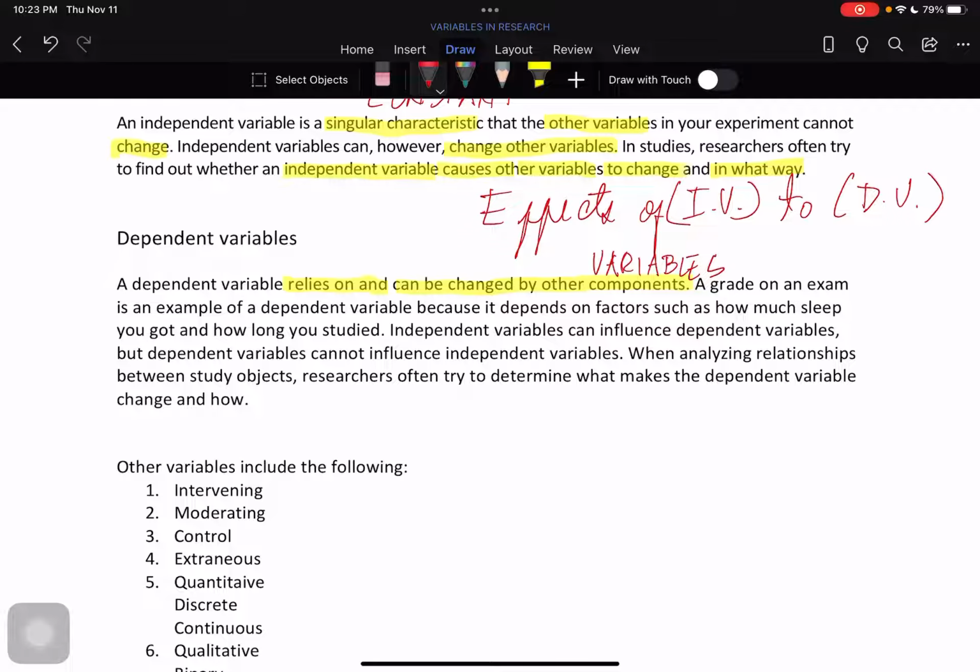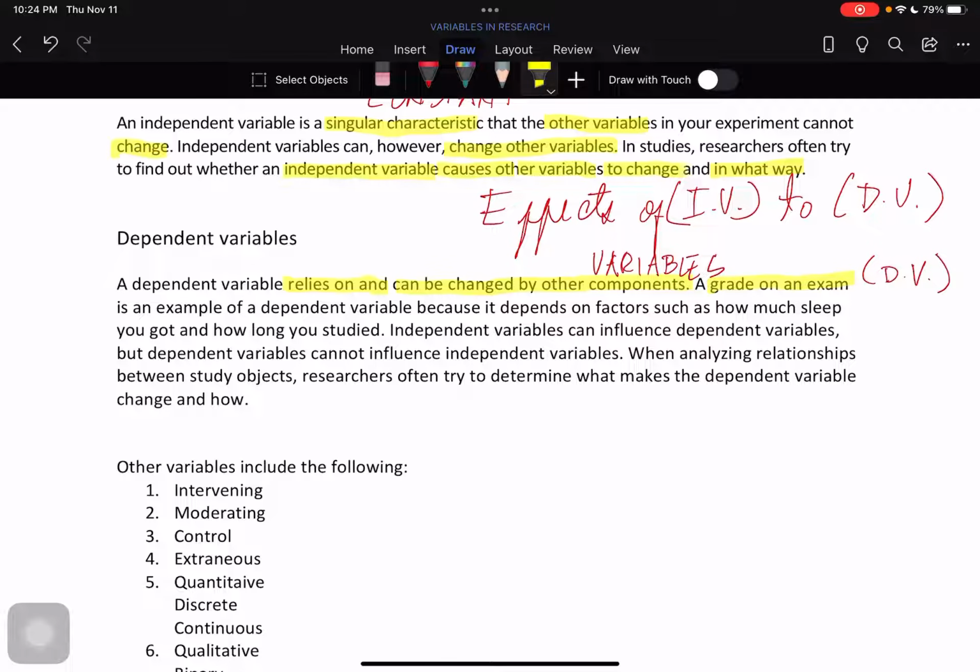An example of this is a grade on an exam. An exam grade is defined as a dependent variable. Why? The grade on an exam will depend on independent variables, or variables that affect the grade.